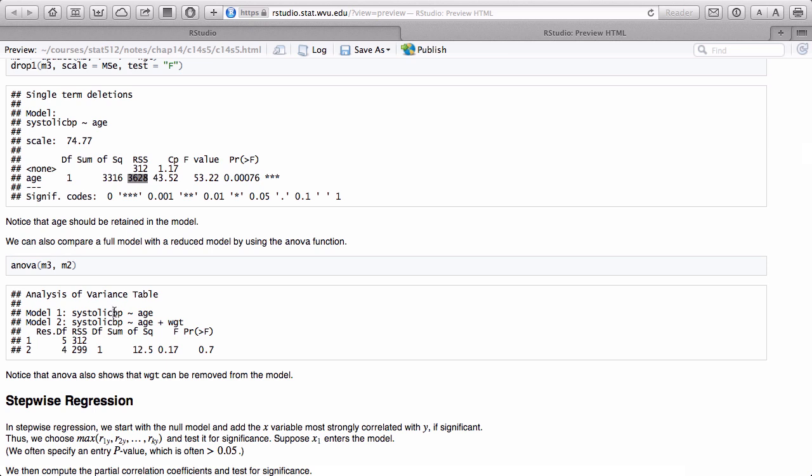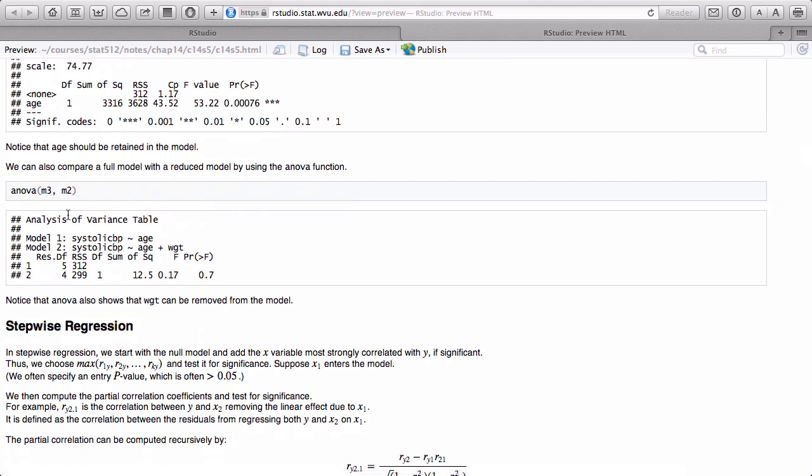This is M3 right here, what's called model 1. This is M2. And then I'm getting the difference in the residual sums of squares, and we can see again that I don't need the bigger model; model 1 is quite sufficient. I didn't need to do this. I just threw it in to show you another way that you can compare M2 and M3. We've done this before.